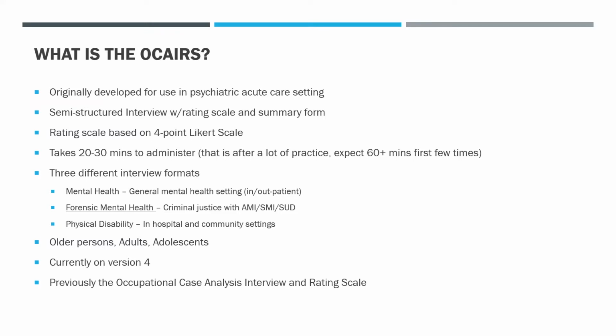So if you were to go through and research this a little bit, let's say you were to use Google Scholar and pull up the OCAIRS research pertaining to this, you would pull up maybe some articles from 2013-14, maybe some early in the 2000s, but a good majority of them will be late 80s and early 90s. And it will talk about the original name for this assessment, which was the Occupational Case Analysis Interview and Rating Scale. And that's what was initially developed as this assessment. And as you can see, we are on version 4, so a lot of things have changed, and they've made a lot of changes based on research.